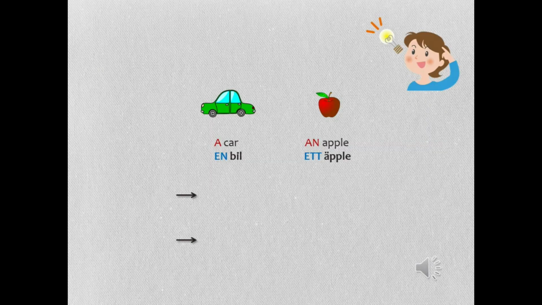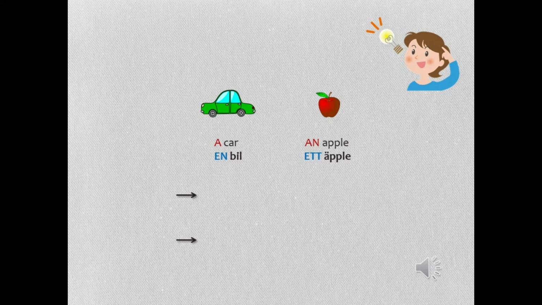However, some possessive pronouns in Swedish change their last letters or sounds depending on which article is used, whether it's a or an. To make you understand better, let me give you an example. Let's have a car and an apple as our example. A car, en bil. An apple, ett äpple.